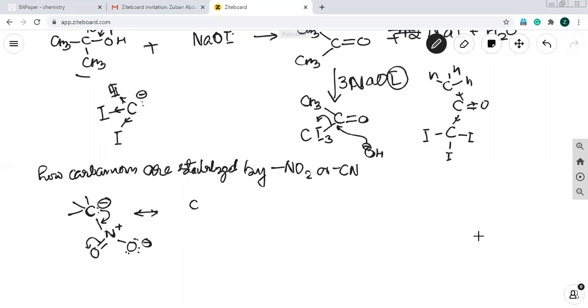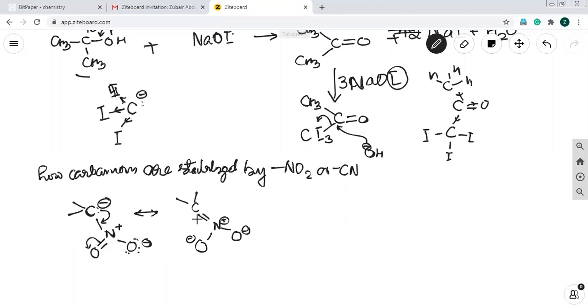So you have C double bond N, O minus and O minus with plus. This is how a carbanion is stabilized by the presence of an NO2 group.